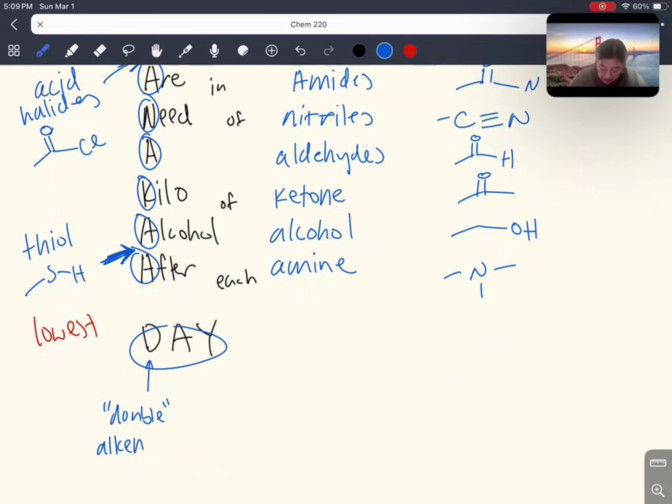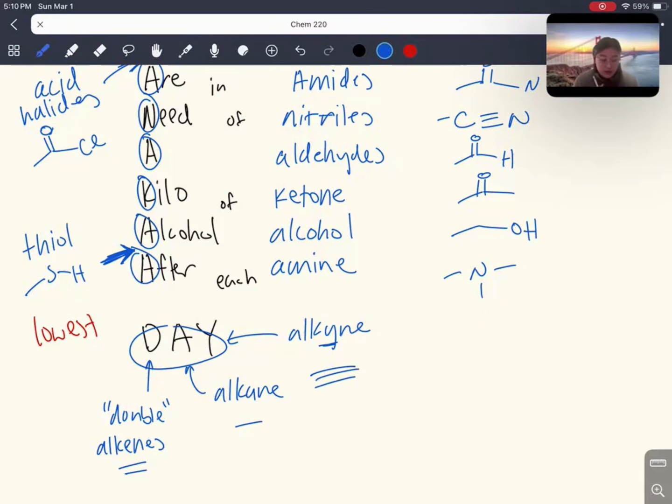The A is alkane, so single bonds. And the Y stands for the Y in alkyne, so it's triple bonds. Those are all going to be the lowest priority. The IUPAC naming rules have changed in recent years, I think, but typically alkenes, alkanes, and alkynes are all lowest priority.